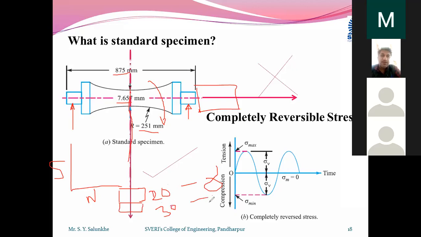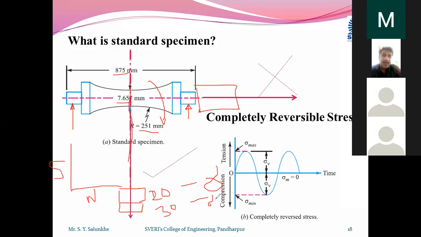Based on that we will have values of stress where this particular component will sustain a number of cycles below 10 to the power 6, and it is going to fail by means of fatigue failure, not as a failure occurring in a tensile test. The failure is occurring in fatigue nature.